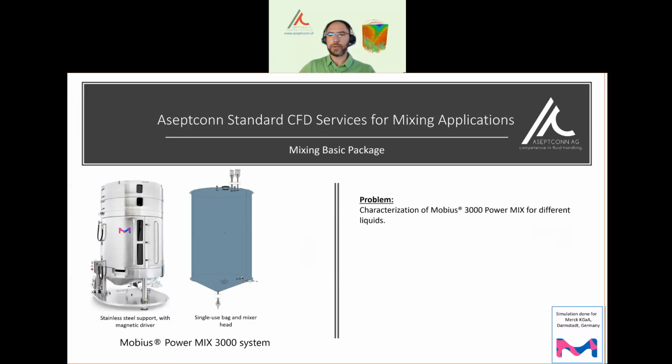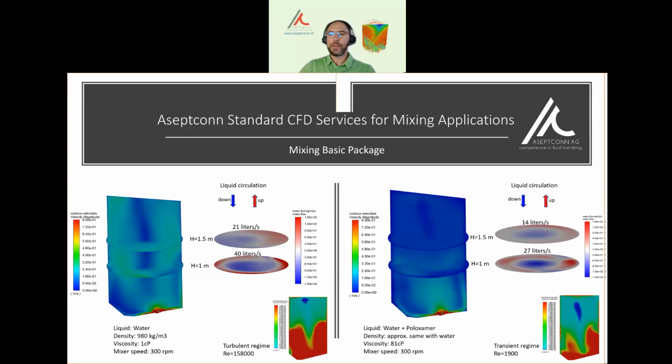In our example, we have studied the mixing in a Mobius 3000 power mix system. We have simulated the mixing for different liquids. Here you can see some of the results for two different solutions, water and a viscous solution of poloxamer.